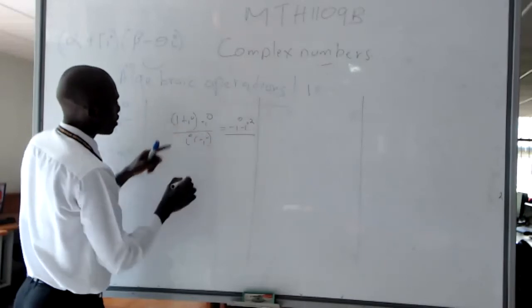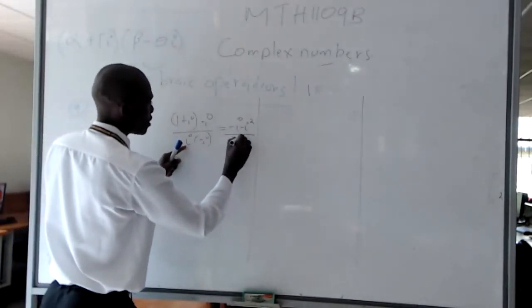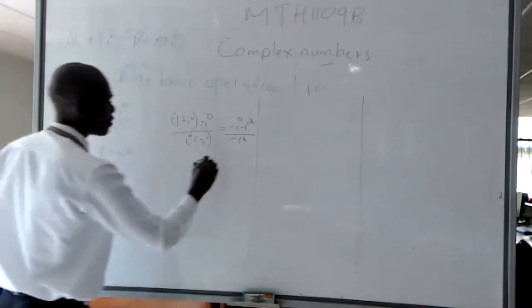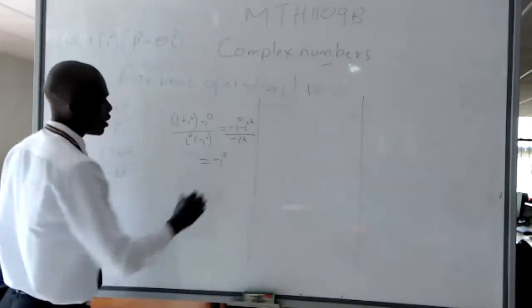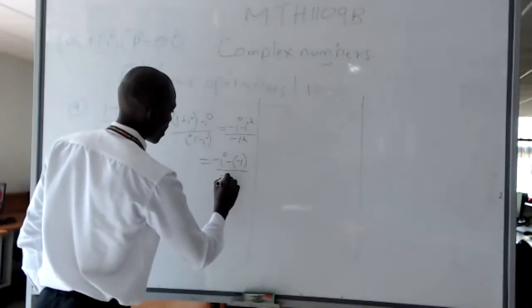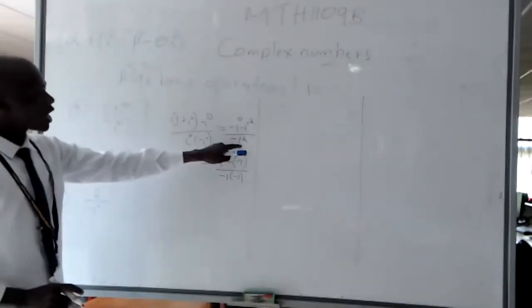And then here I have negative i times i is i squared. Let's see what we have. So we have minus i as usual, then minus i squared is minus 1, divided by minus 1, because i squared is minus 1.